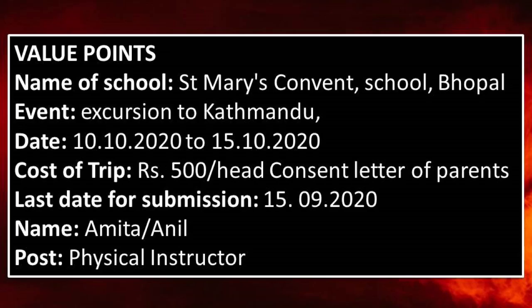The value points: name of the school, for example St. Mary's Convent School, Bhopal, or anything. Event, excursion to Kathmandu, date, cost of trip, last date for submission, name Amita Anil, post, physical instructor, anything can be written. These are the value points. Okay.